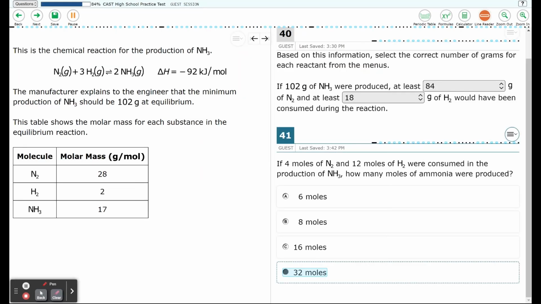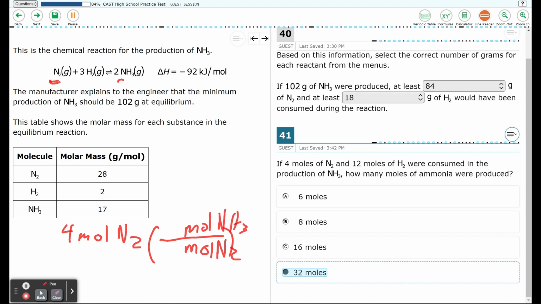All right, in question number 40, I did my mole-to-mole conversion just in my head. I said it out loud, but I'll write it down this time. So if we have 4 moles of N2, and we can see here we got a ratio of 1 to 2, we would write out our factor with the units that we have in our given in the denominator, so they cancel out, moles of N2, and we want to turn that into moles of NH3.